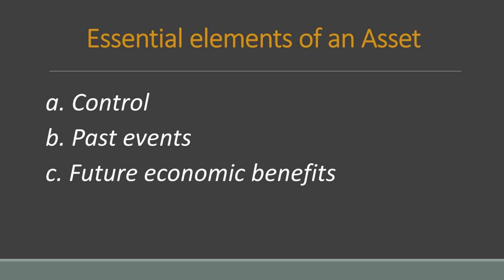So based on the definition, ang sabi, asset is an economic resources controlled by the entity. So for an item or resources, one requirement for it to be considered as an asset is that these items or resources should be controlled and owned by the entity. The entity must have the right and control over these items.